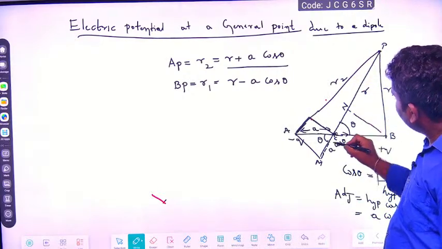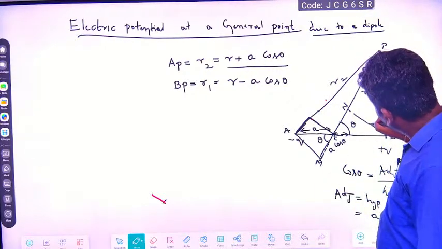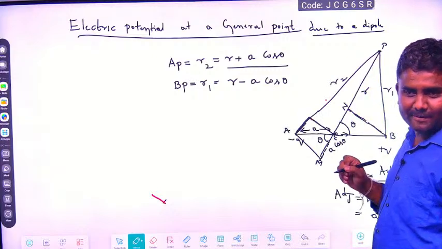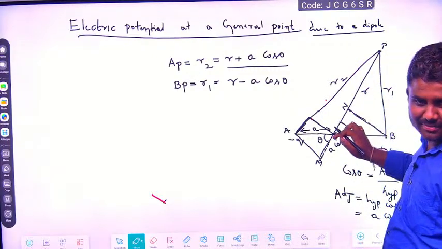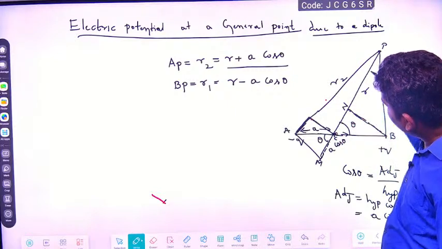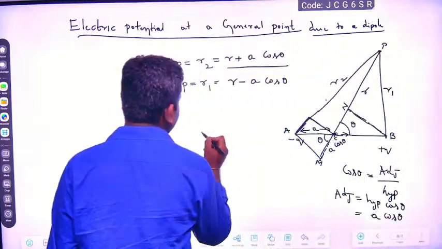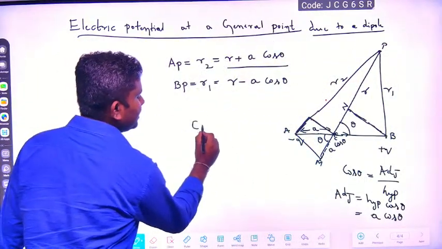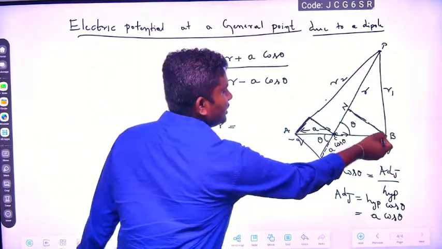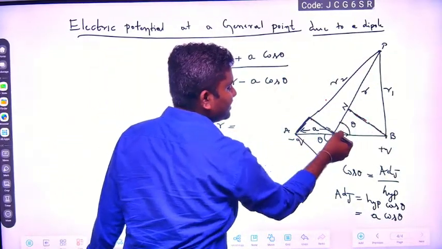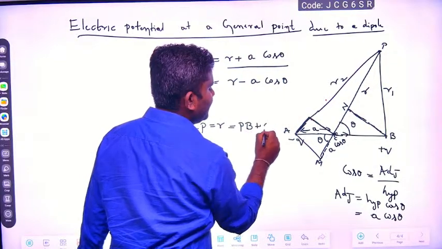Okay, CN is approximately equal to CM, because I draw this foot perpendicular line which is touching here. This touching means this much distance is more in this central line. Correct, right? The central distance CN is having more distance. CP is equal to R, which is equal to PB plus CN.